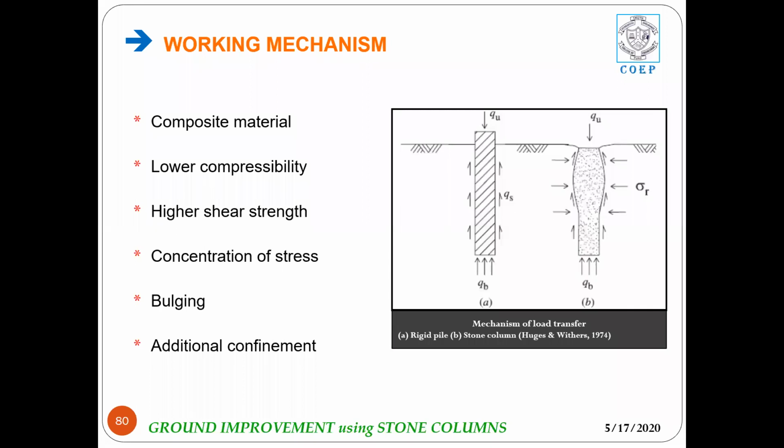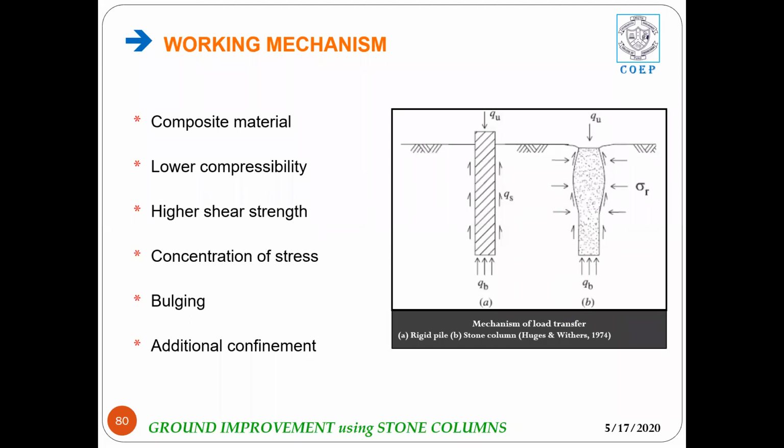In case of a rigid pile, even if it is cast in situ or precast, concrete acts as a binding agent. So it binds all the aggregates, which are inert, as well as the sand together in case of a concrete pile. But in case of stone columns, only granular material, stone aggregates, are provided. So there is no bonding between the aggregates as they are inert material.